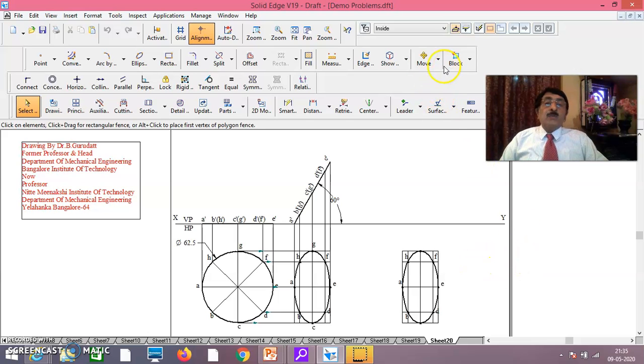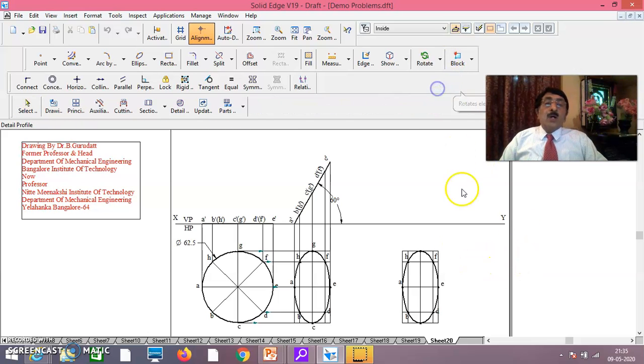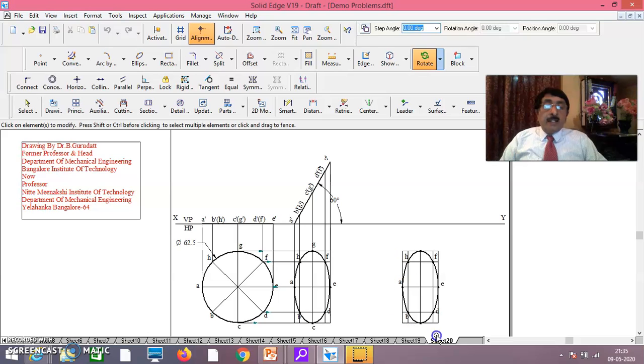Now you see here what I'll do. I'll take the entire thing, take this as the fixed point and this as the moving point, and rotate it to a 45-degree angle.